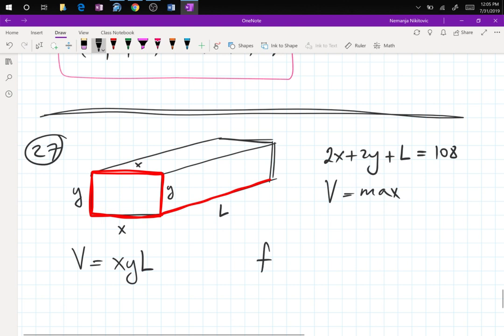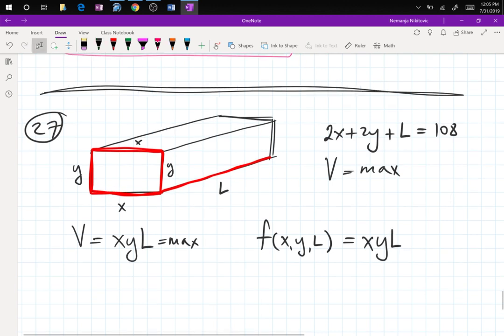So I have my objective, and that's a max. XYL. Perfect. If you're annoyed with L, you can change it into a Z, but a variable is a variable.